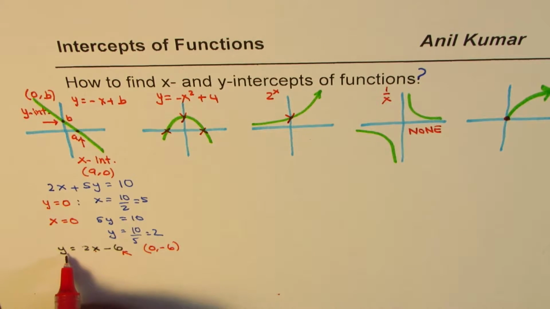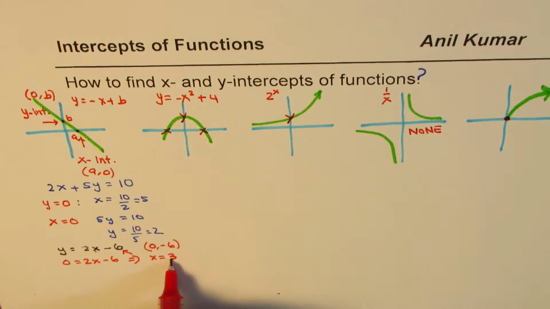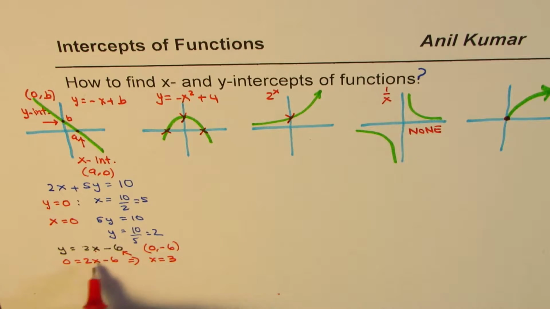As far as the x-intercept is concerned, we have to set y equals 0. So we get 0 equals 2x minus 6, and solving this, taking 6 to the other side, x equals 3. So x equals 3 will make this equation 0. So the x-intercept is x equals 3, and the y-intercept is y equals minus 6. You get an idea.